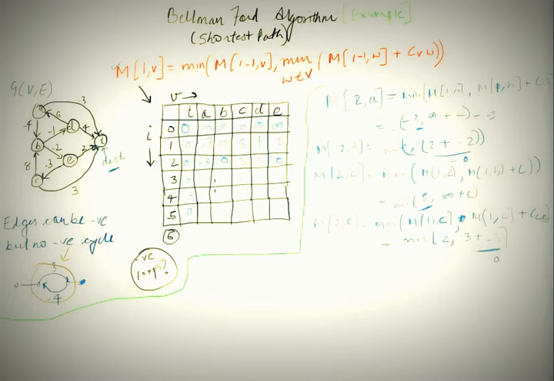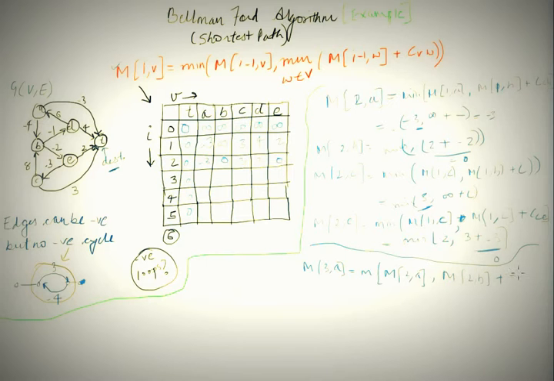Now M(3, A). This is the second row. M(3, A) is equal to the minimum of M(2, A), or A has an outgoing edge to B, so M(2, B) plus the cost AB.